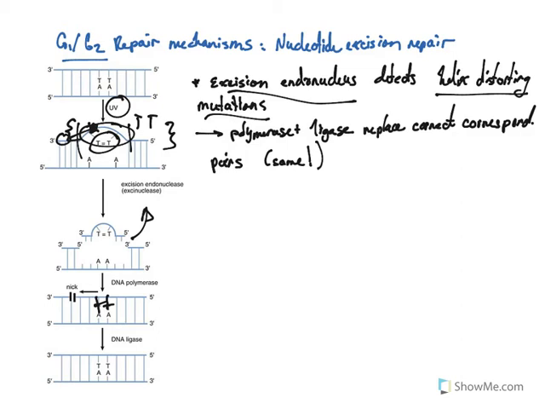So you're just replacing the nucleotides after excising them, and then as we talked about earlier, ligase will fill in the little nicks, essentially gluing together the new fragments. And so again, in this case, we are in the G1, G2 repair, and we are replacing the nucleotides with the same nucleotides due to a helix distortion.